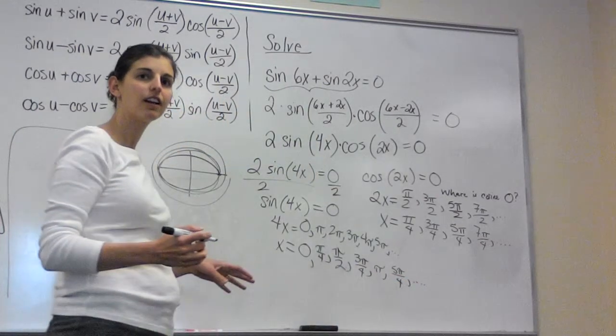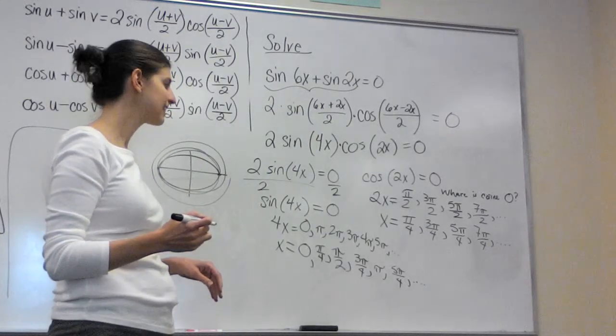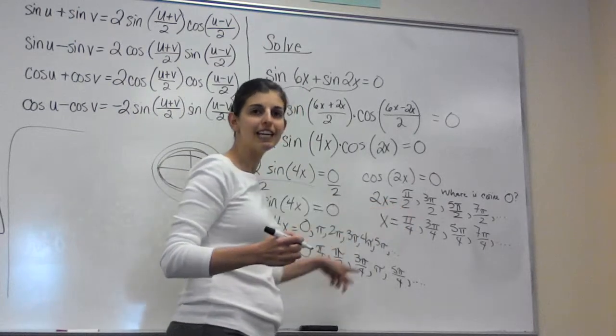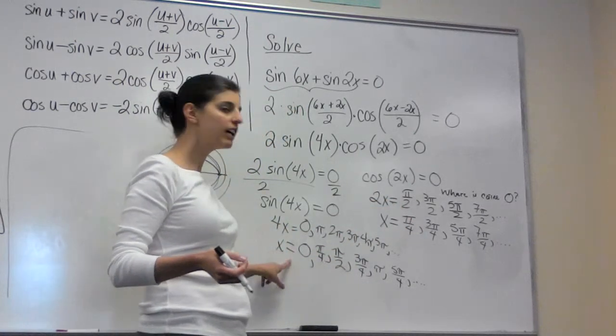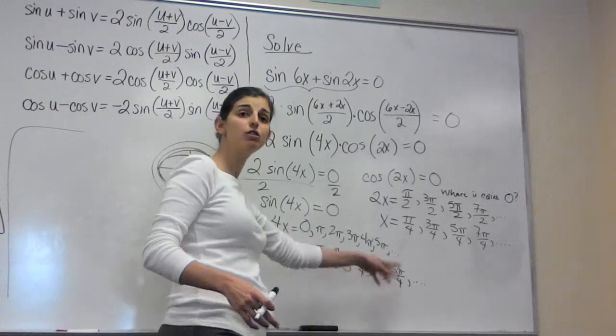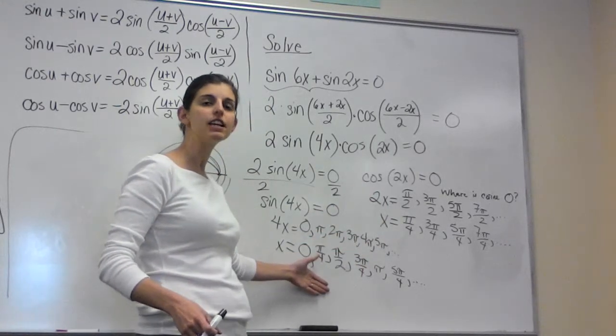So the answers that you get in 2 and the answers that you get in 4, are they both correct? These duplicate each other. You don't have to list them twice. This answer is more inclusive, so it includes all those too. So this is the only list that you need.